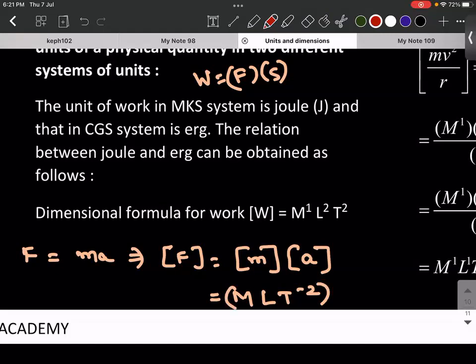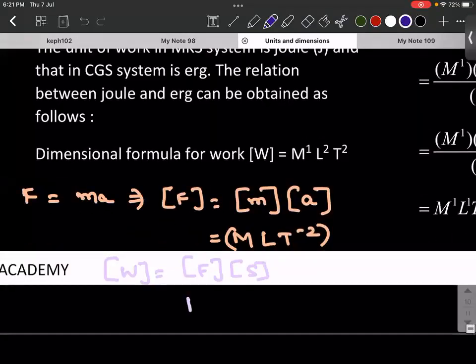Then what will be the dimensional formula of work done? Dimensional formula of force into dimensional formula of displacement. So I'll get MLT minus 2 into, how is displacement measured?